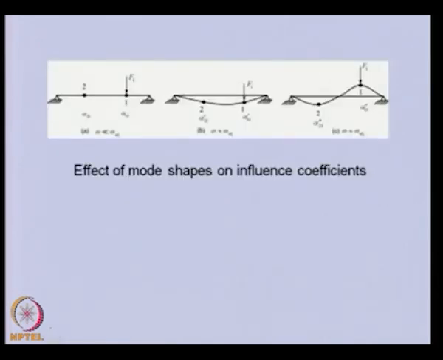Now, coming to the influence coefficient for the flexible rotor, earlier we defined it for the rigid rotor, in which the deformations are small, the shaft is not getting bent, and whatever force we apply, the shaft gets deformed from its static equilibrium position.